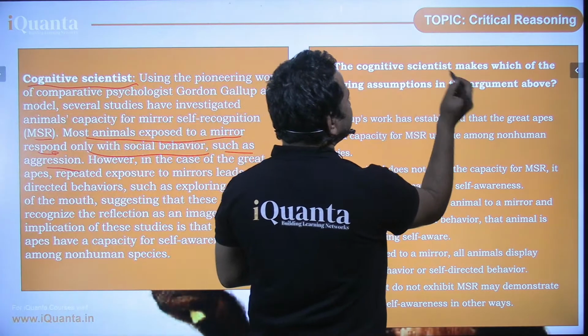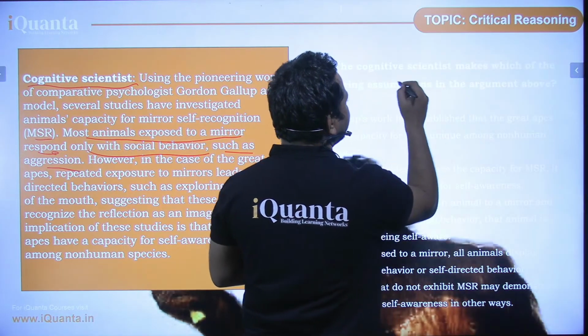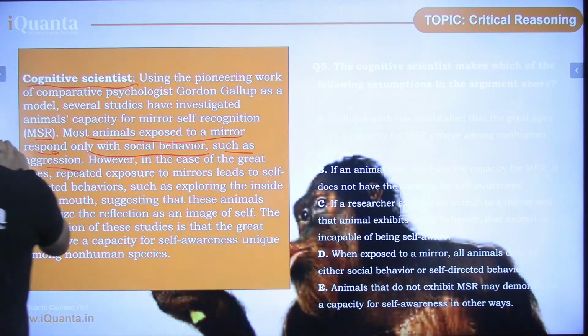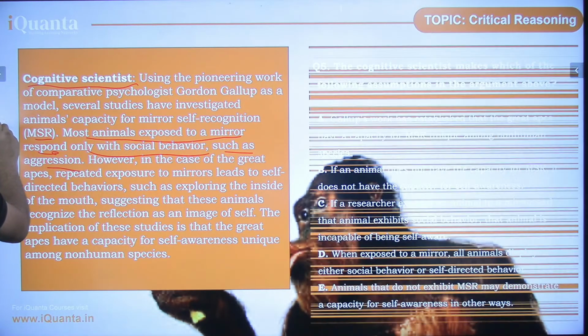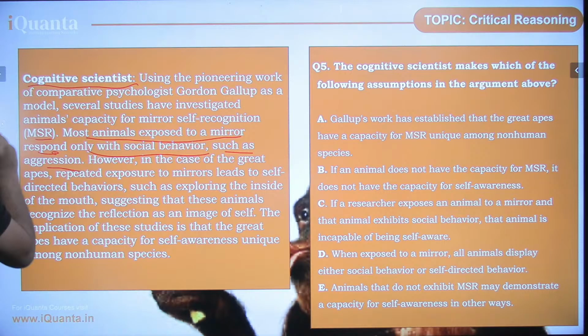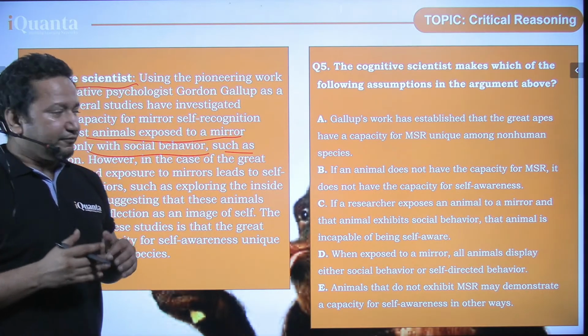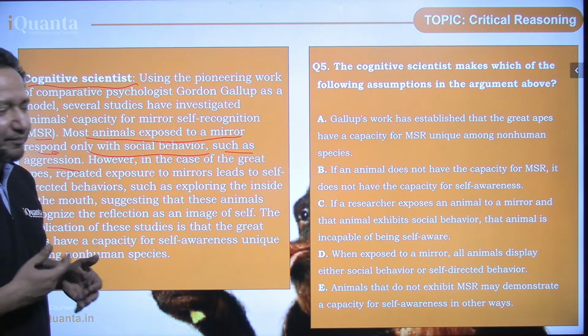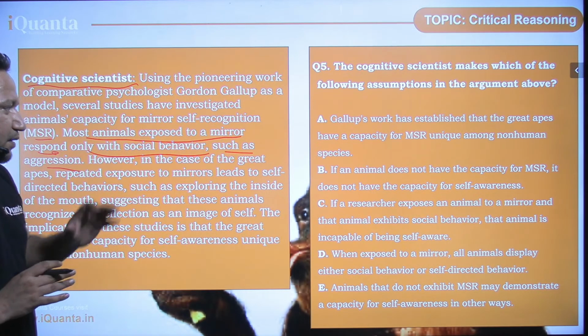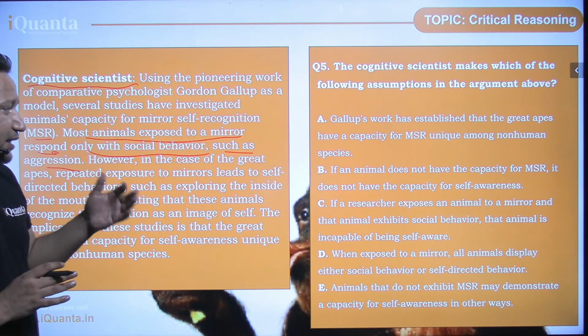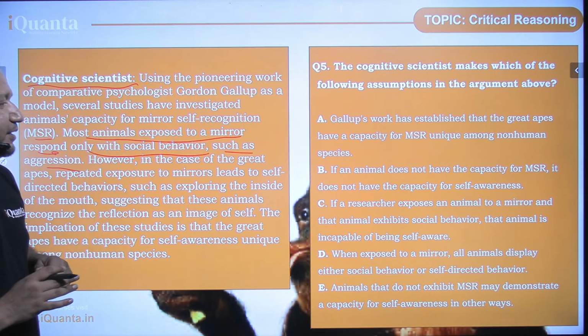Has the scientist made this assumption? Basically, when he has written this, he must have made an assumption. So is the first assumption correct? Gallup's work has established that great apes have a capacity for MSR unique among non-human species.